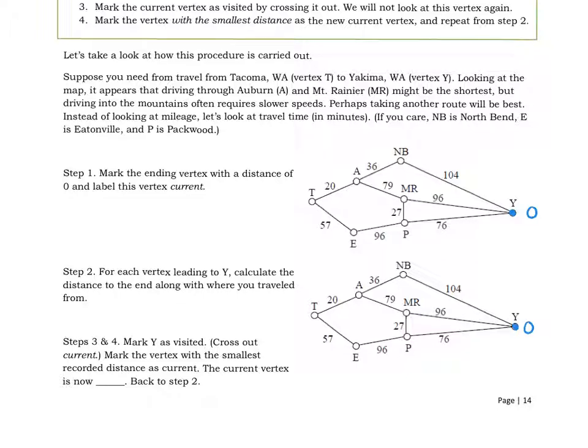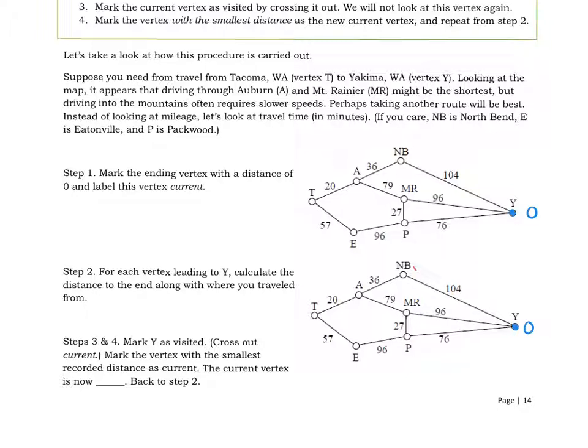So we start there. And the next thing you would do is, from this particular point, you go to every vertex that is adjacent to Yakima, and we write down the total distance as if we were starting in Yakima and working our way to the beginning. So to get to NB up here, North Bend, it would take us 104 minutes if we came through Yakima.